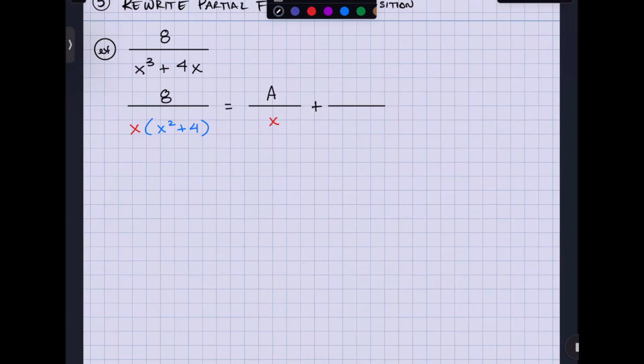The next bottom is x squared plus 4. Is that linear or quadratic? Hopefully quadratic, because x is squared, right? So that means my numerator must be a linear.